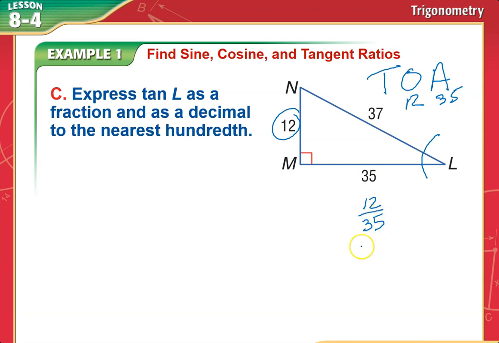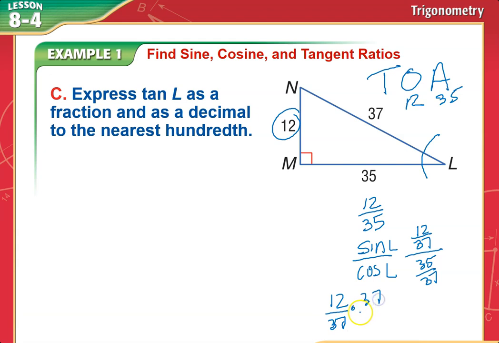Tangent can also be represented as sine divided by cosine, so sine of L divided by cosine of L. Sine would be 12 divided by 37, and cosine would be 35 divided by 37. When you divide a fraction by a fraction, you multiply the first fraction by the reciprocal of the second.